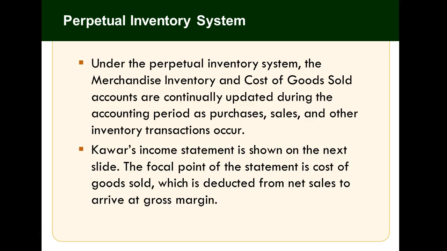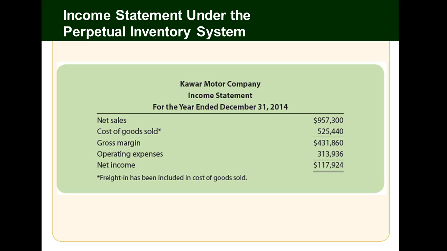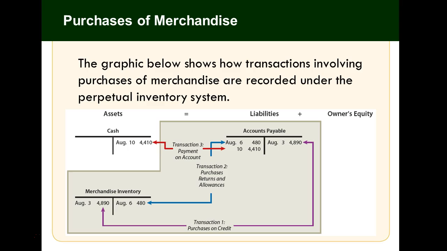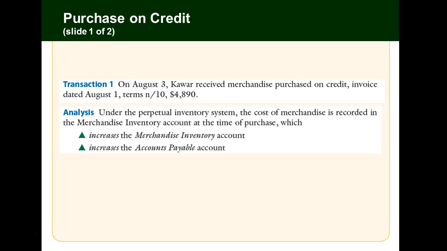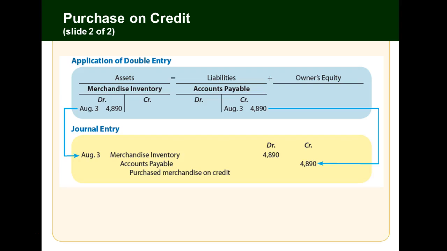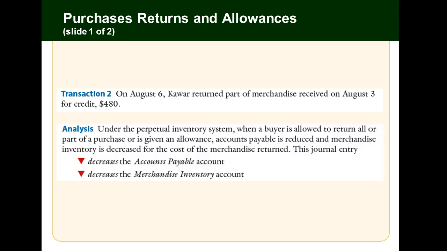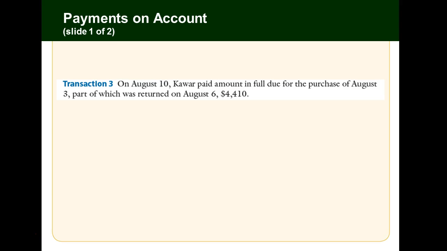So we are constantly going to keep track of our cost of goods sold. And if we have to pay for freight, that will be included in our cost of goods sold. We've done that.